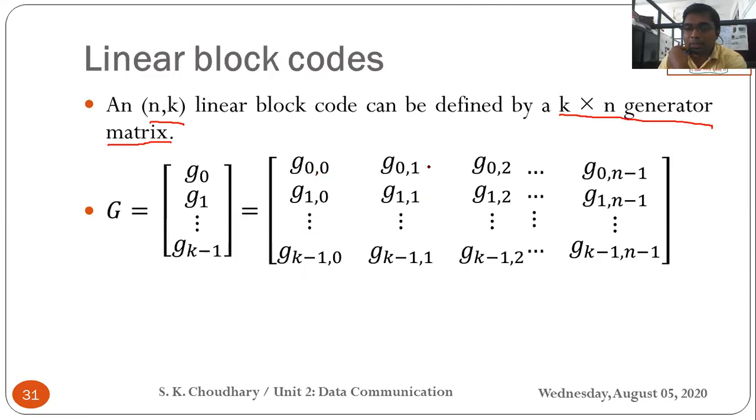And how many columns are there? That is the number of bits present in the code word, from 0, 1, 2 up to n minus 1. So the property of this matrix is k by n.